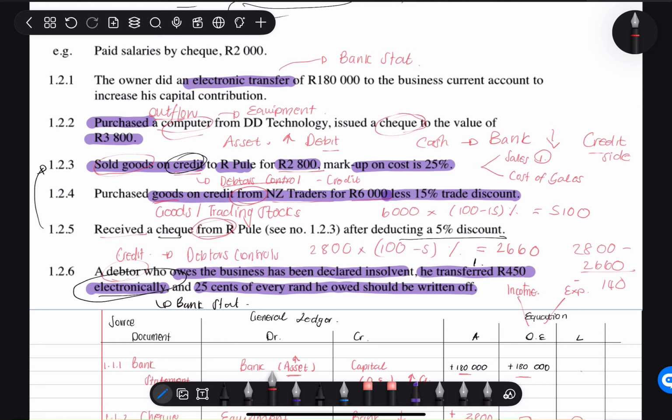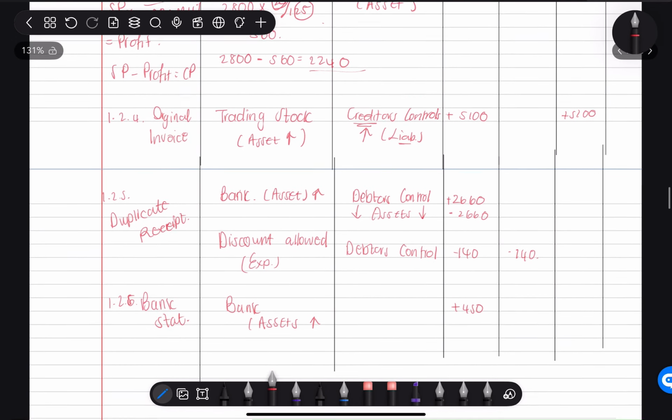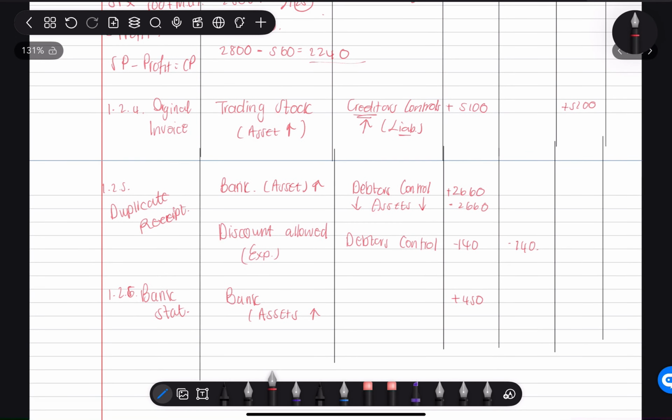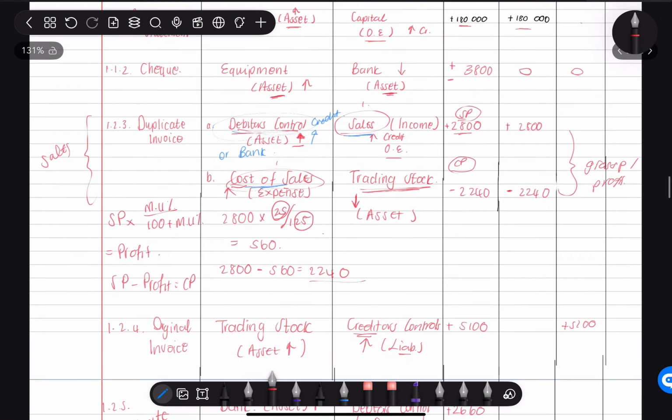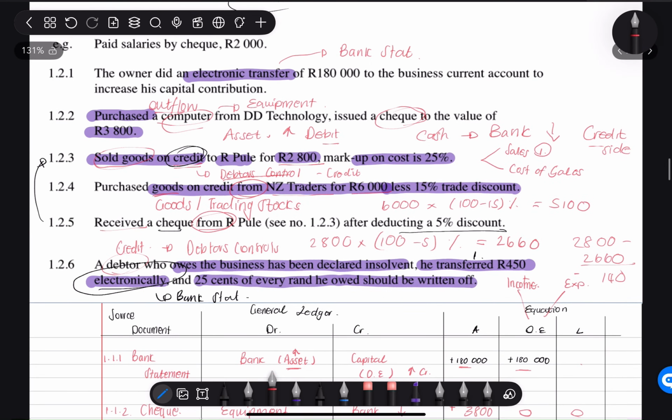So therefore, we're saying debit bank, because our bank is increasing, and we are then decreasing debtors control, how much he owes us. Debtors control of how much? Minus 450. Debtors control is an asset account, which is then decreasing. Okay, second part of it. Please do this also in your workings so you do not miss out on marks.